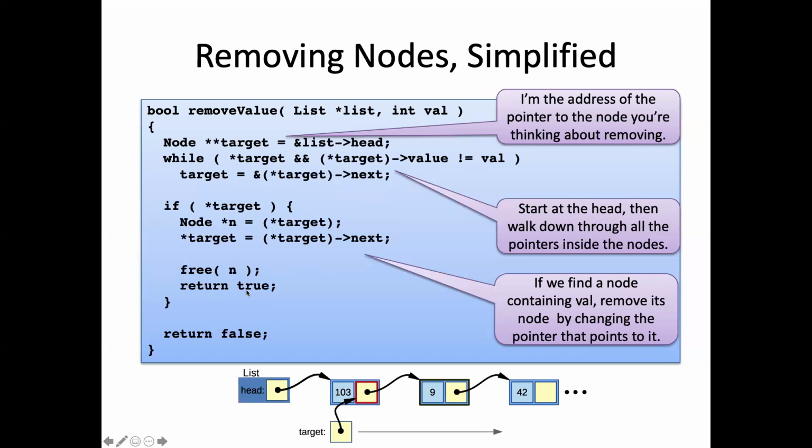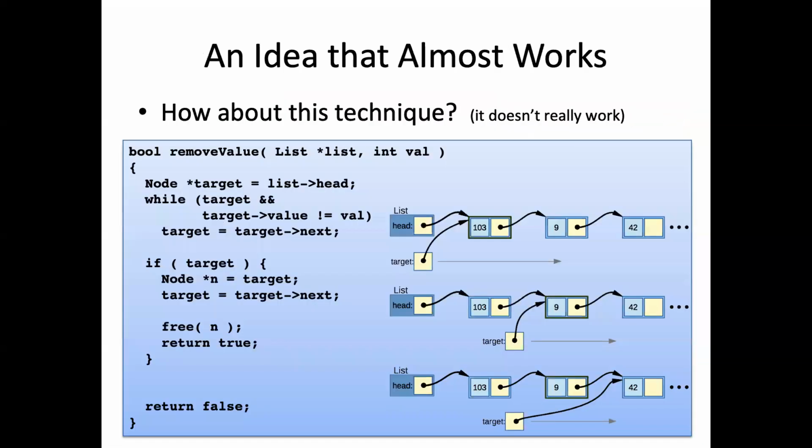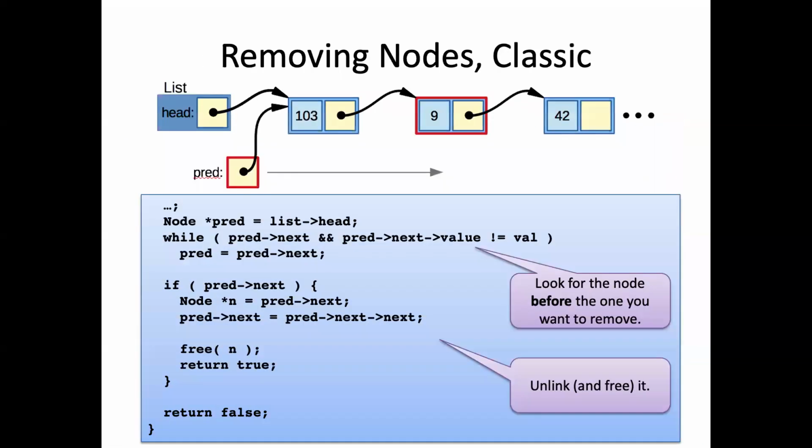You don't have to do your code this way, but if you compare, this code to remove a node is about half as long as the code we started with, the code that treated the head of the list as a special case. This is handy for things like linked lists. We'll see later for trees.